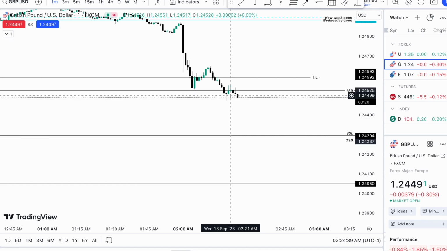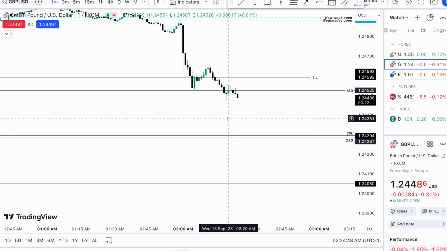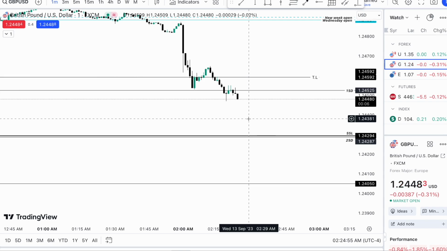What I noticed, because I used to always want to get in early and take a position, is that most times after the liquidity is purged, the market has to re-engineer the liquidity.